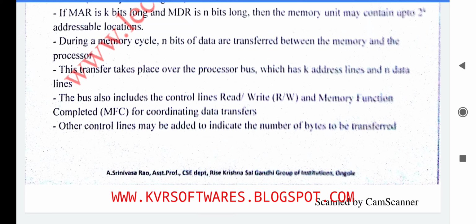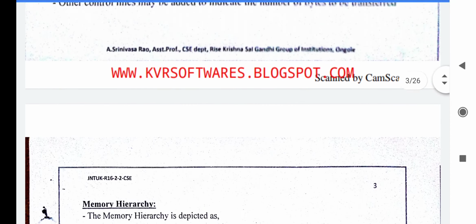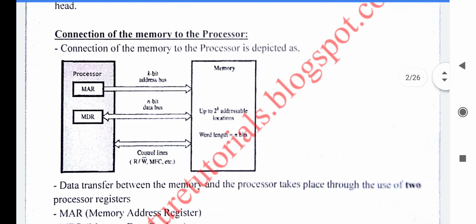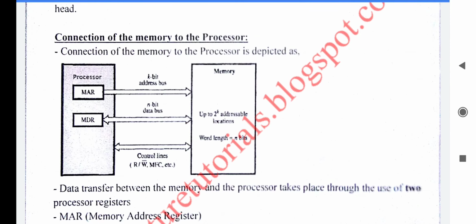Coordinating means coordinating the functions of memory transfer. We have to use this MFC, and other control lines may be added to indicate the number of bytes to transfer. So this is about connection establishment between memory and processor. Here we have two registers, MAR and MDR, memory address register and memory data register.